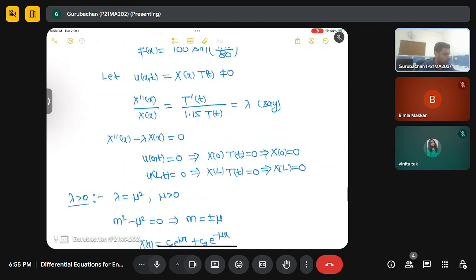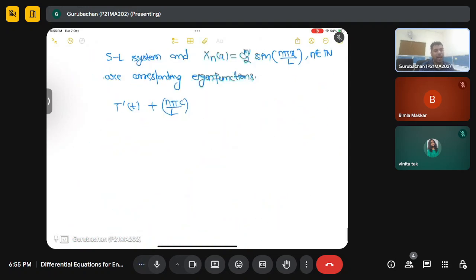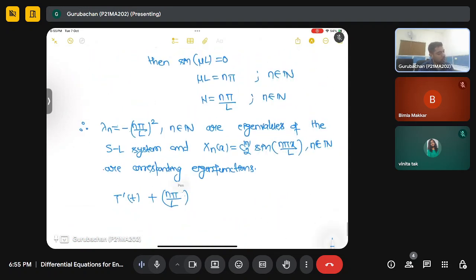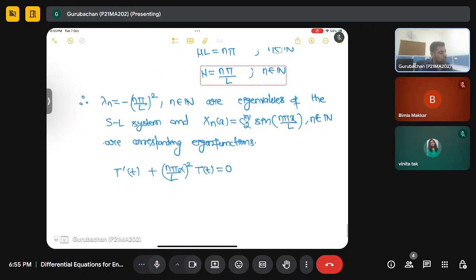So T dash of t plus lambda alpha square T of t is 0, this will help in further questions also. So from here you will get Tn of t is equal to some constant an e to the power minus (n pi alpha by L) square t.